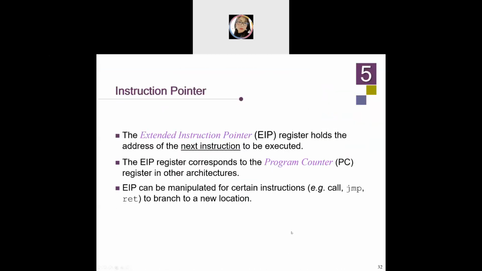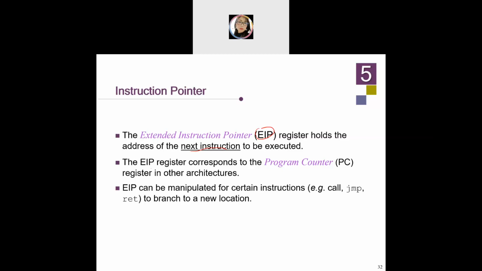Okay, let's continue with instruction pointer. So for instruction pointer, the extended instruction pointer EIP register holds the address of the next instruction to be executed.